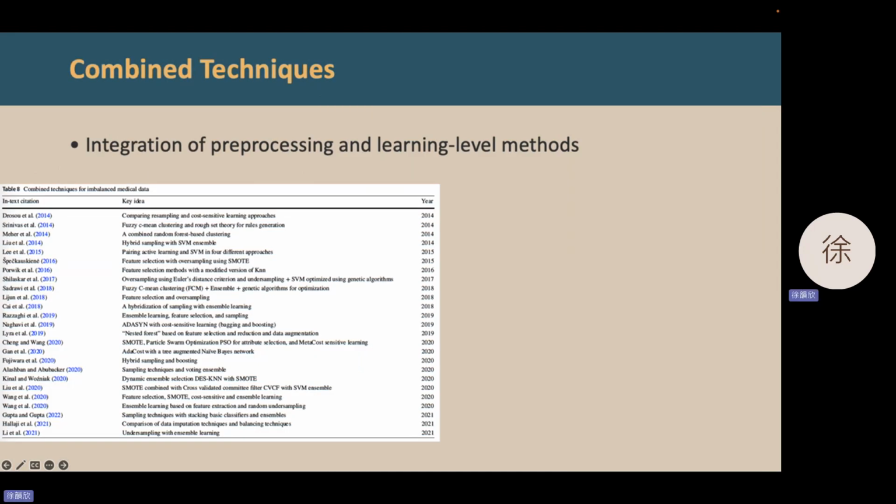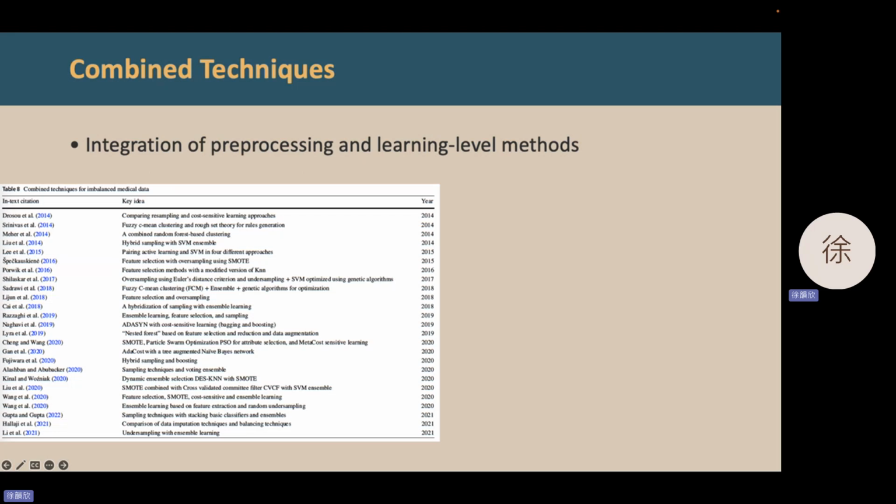And this table is Table 8. Table 8 introduces combined techniques that integrate the data level methods, like oversampling or undersampling and feature selection, and learning level methods, like adjusting the algorithm, discussed earlier. So the researchers have found that using a single method might have limited effectiveness.